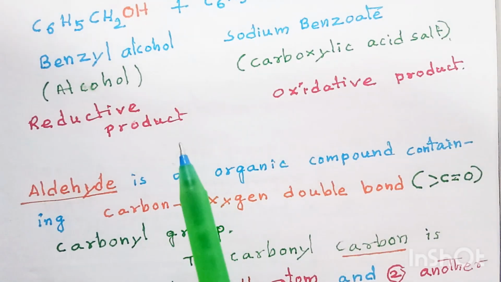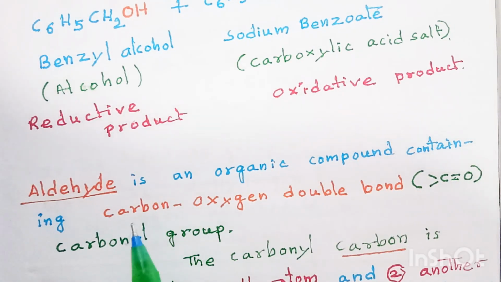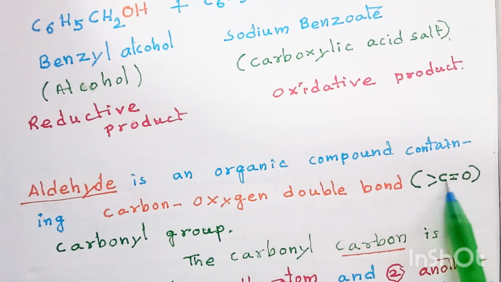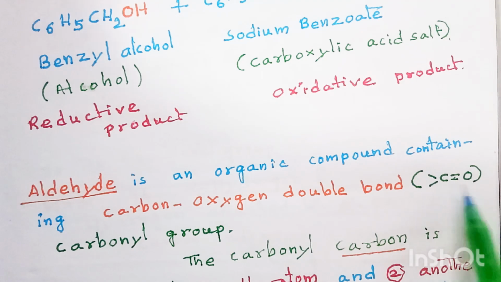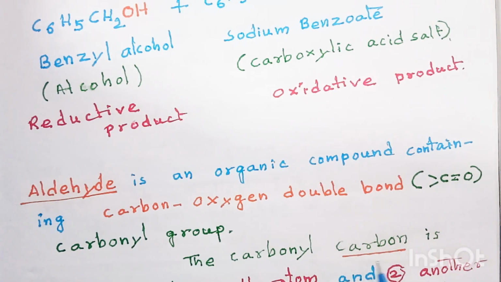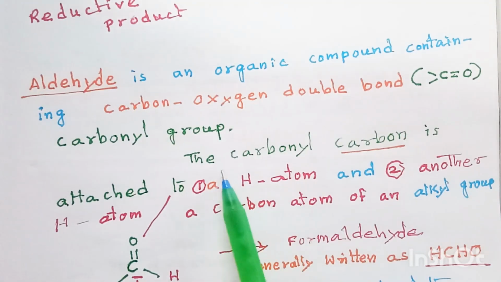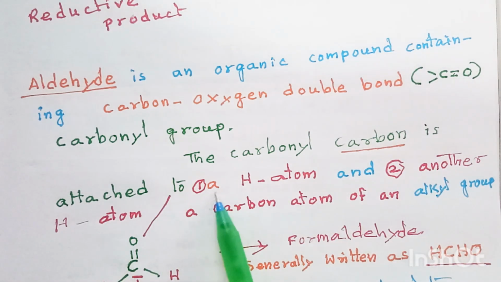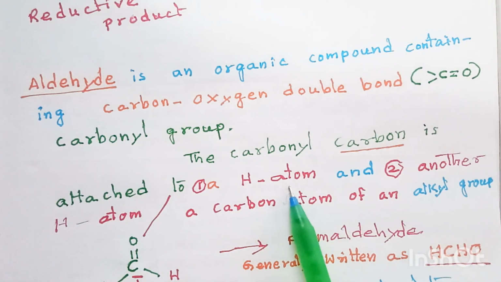Now let us see what is an aldehyde and see what is alpha hydrogen. Aldehyde is an organic compound containing carbon oxygen double bond, that is C double bond O. This is called carbonyl group. In aldehyde, the carbon is attached to one hydrogen atom.